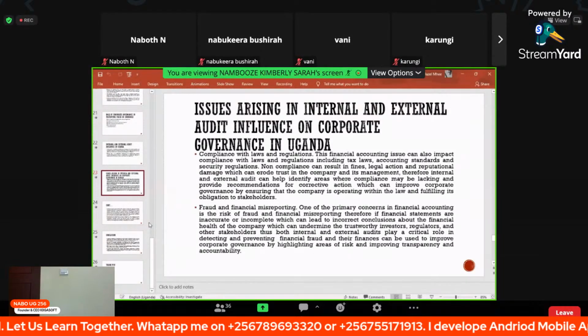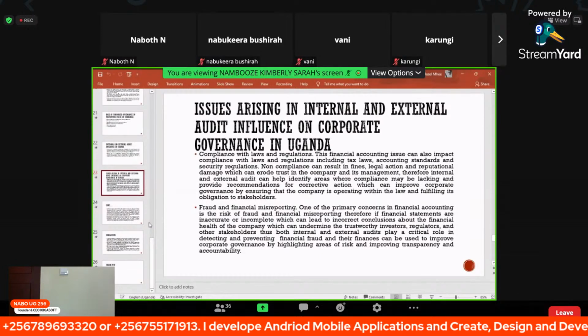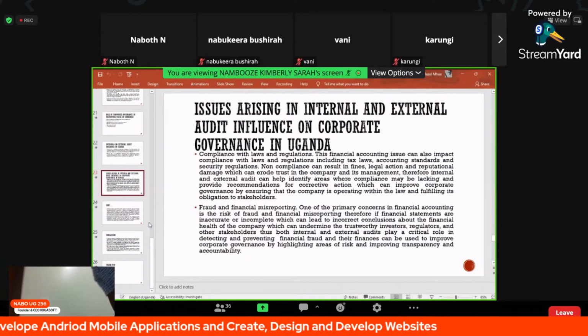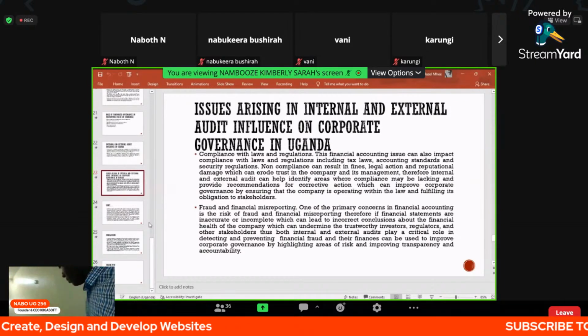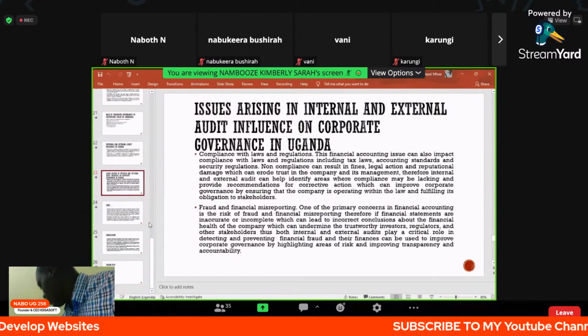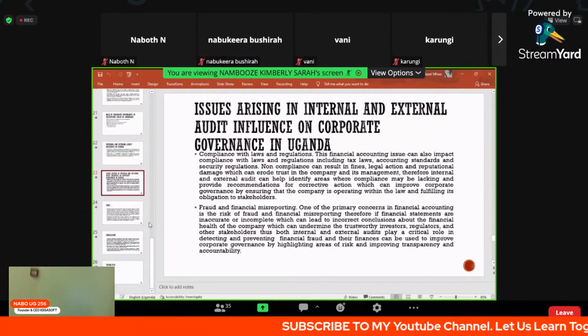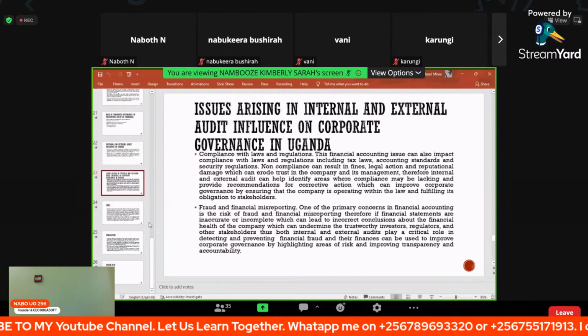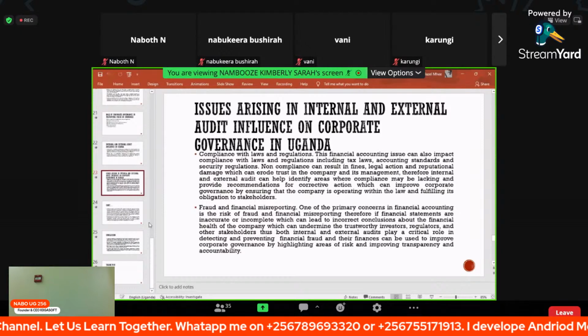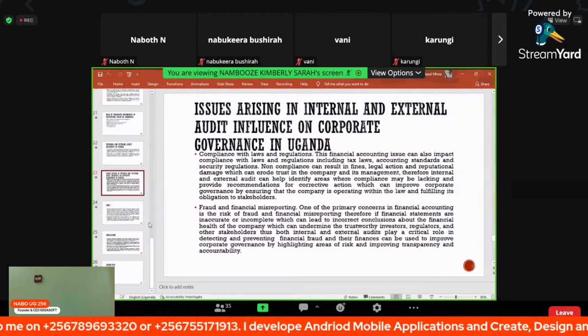Financial accounting issues can also impact compliance with laws and regulations, including tax laws, accounting standards, security regulations, and others. Non-compliance can result in fines, legal action, and reputational damage, and can erode trust in companies and management.